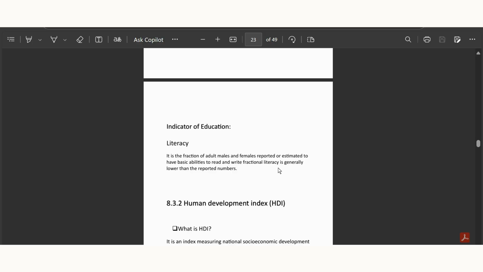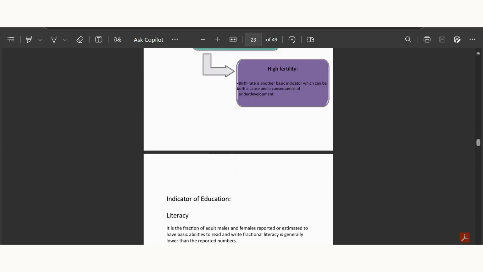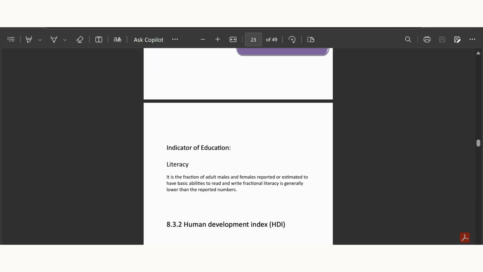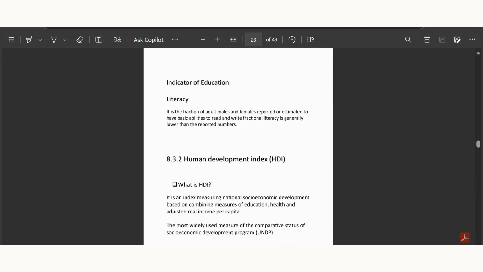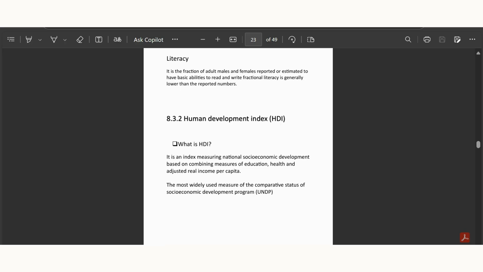Fractional literacy is generally lower than the reported numbers. And that was our three indicators of development. Right now, we will move to our next topic, that is Human Development Index, also known as HDI.